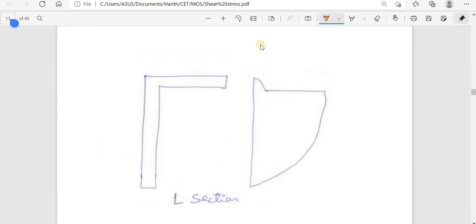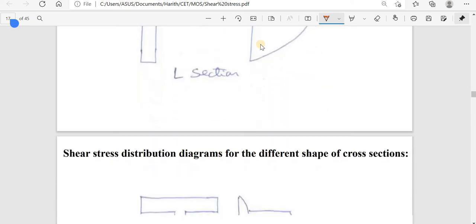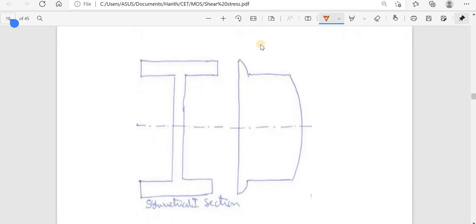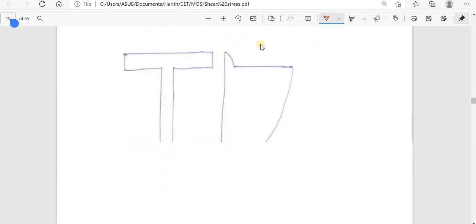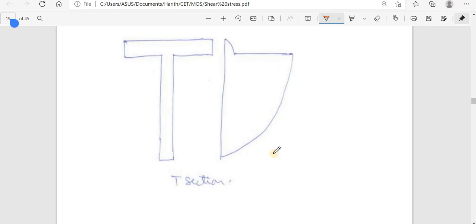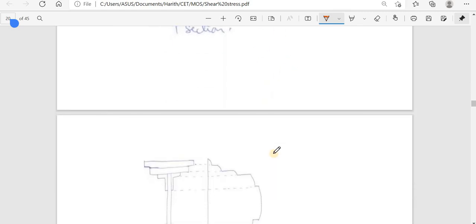Then for an L section, this will be the variation. For a TI section, this will be the variation of the shear stress. Then for a T section, it will be like this. We will be doing an I section, and from that you will be able to understand why the variation is happening.